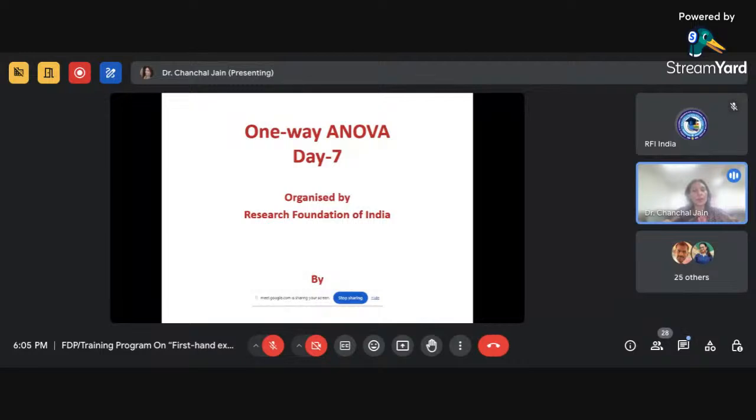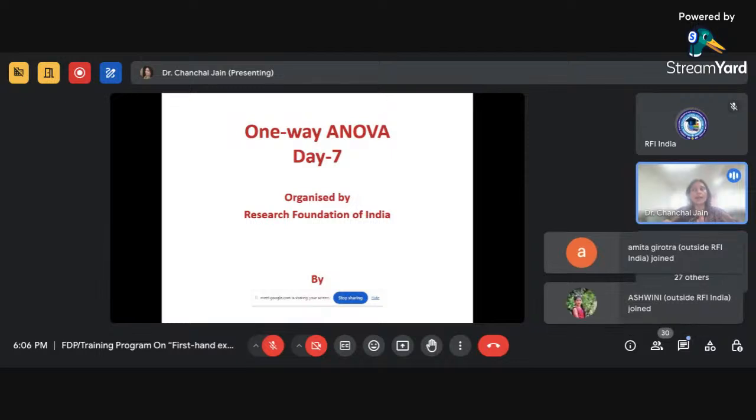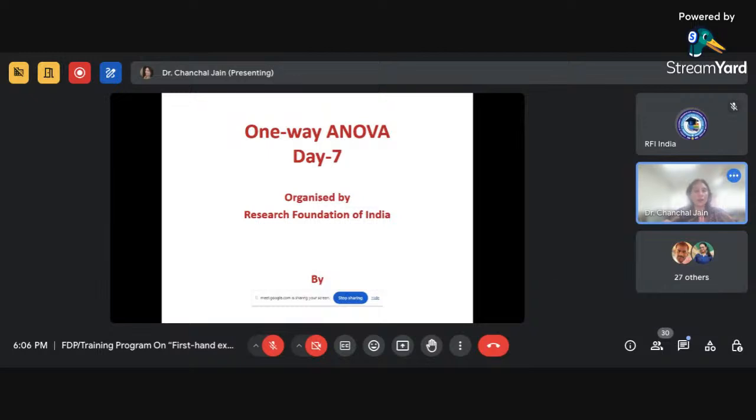The basic variable requirement is two variables. The first is the independent variable, which is categorical with two categories. The second is a continuous scale variable, which we treat as the dependent variable. This is the main crux of the independent sample t-test.